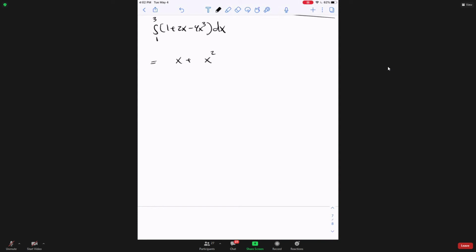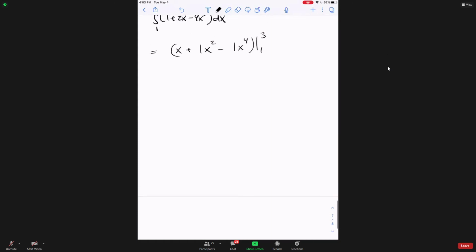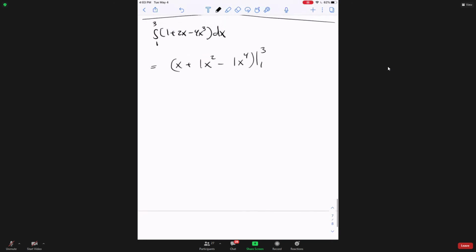Divide by 2, 2 over 2 is 1, minus x to the fourth, divide by 4, 4 over 4 is 1. So plug in 3 minus plug in 1.